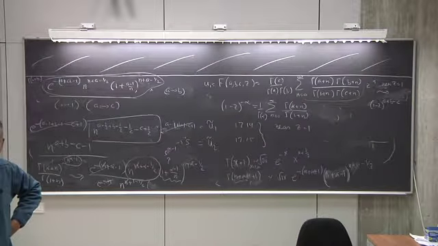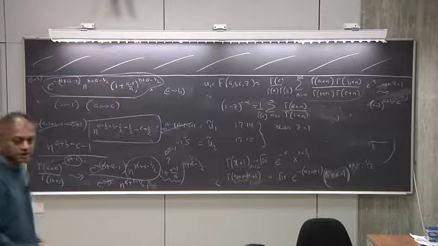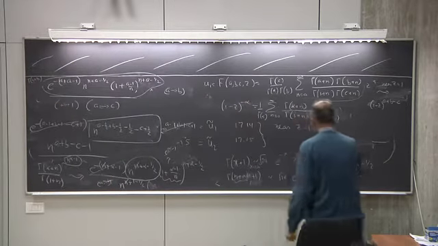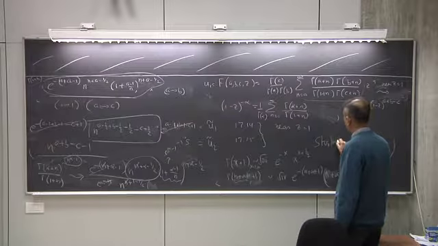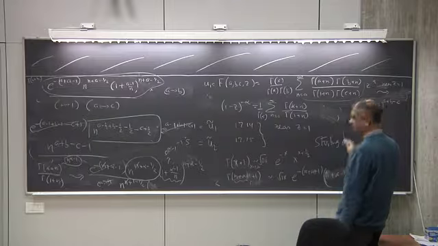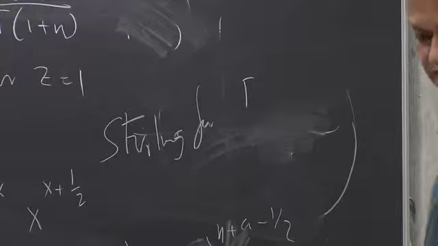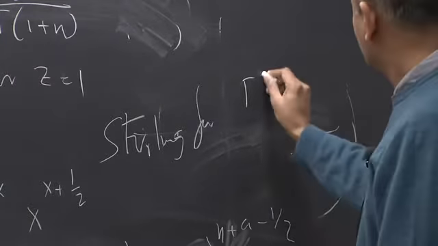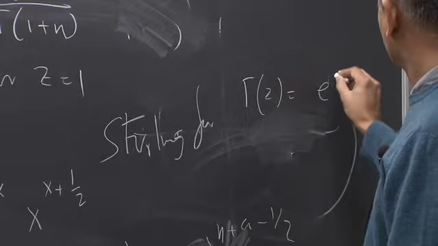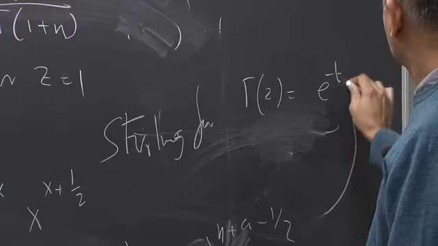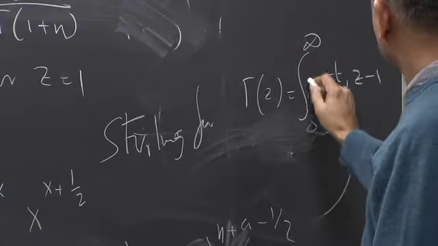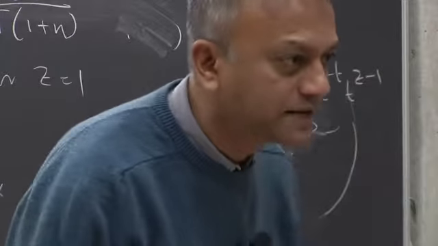This is from the Stirling formula. You remember in the second chapter, we had the integral expression for gamma. I think gamma z was the integral of e to the minus t, t to the z minus 1, dt.